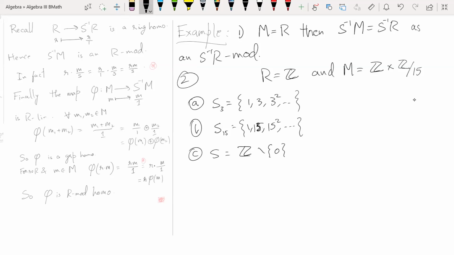So these are the three cases, and we want to compute S inverse M. What will happen in this? What is S3 inverse M?